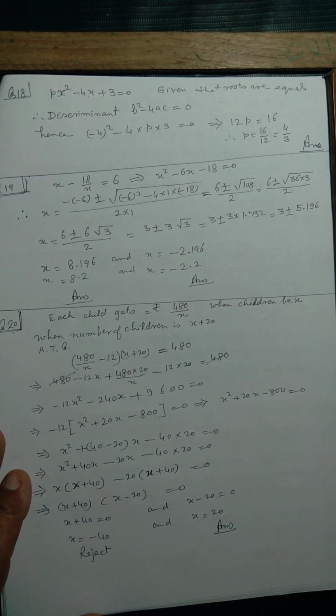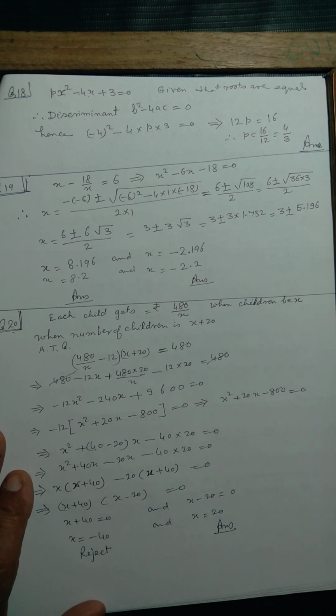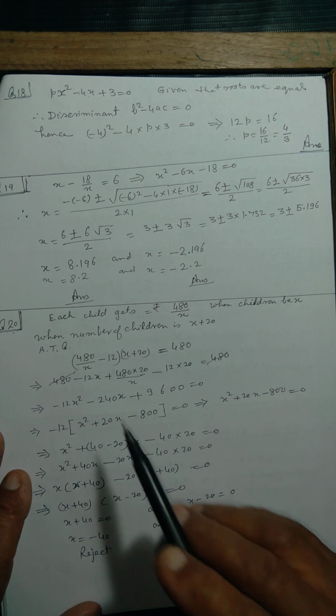Now proceed to question number 20, which states that rupees 480 is divided equally among x children. If the number of children were 20 more, then each would have got 12 less. Find the x.